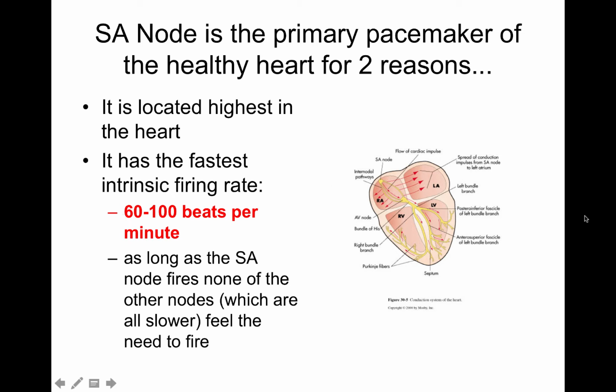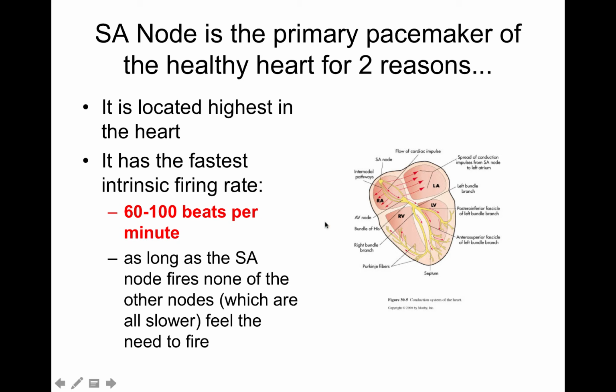So you can have atrial tachycardia, for example. So for atrial tachycardia, the normal is 40 to 60 beats per minute. So if a rhythm that is an atrial rhythm is greater than 60 beats per minute, say 70 for example, that would be considered by definition tachycardia.